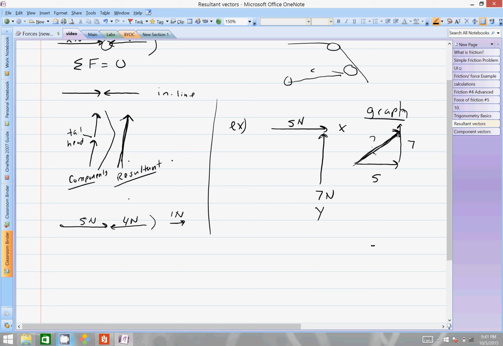You also could get your protractor out and measure this angle. So we'd have not only the value based on the length of this head-to-tail vector, but the angle as well.